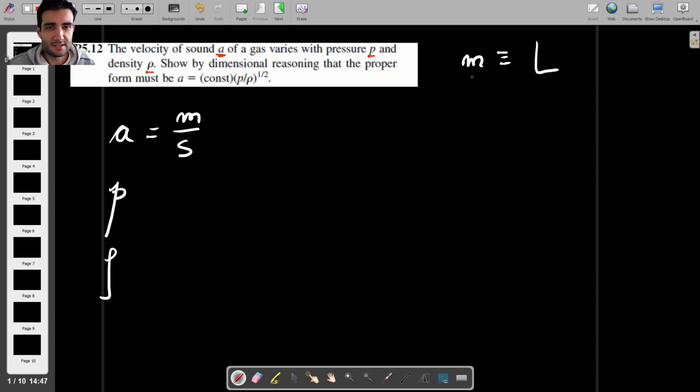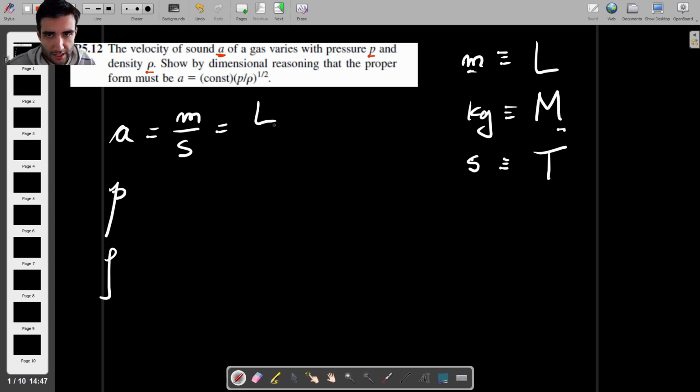So this is saying that meters are measuring a length, in the same way that kilograms are measuring mass. Okay, don't confuse this one with this one. This is meter, this stands for mass. And second, I'm gonna use T for time. So instead of meter per second, I'm gonna change this to L over T, or rather L T to the power minus 1.